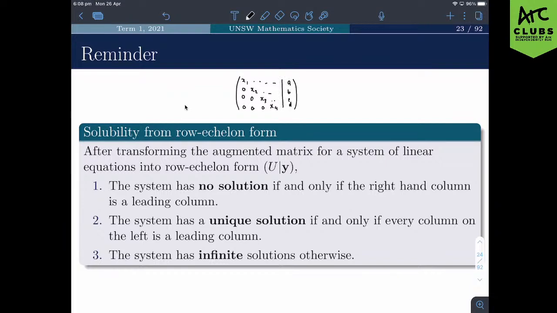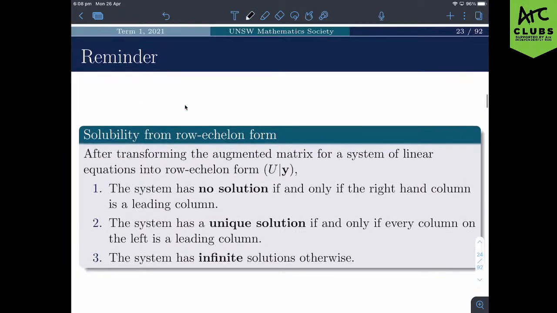So that's one way that you might see that the system has a unique solution. But another possible thing that might happen is that there are zero rows below it. In that case, this system of linear equations has a unique solution as well.